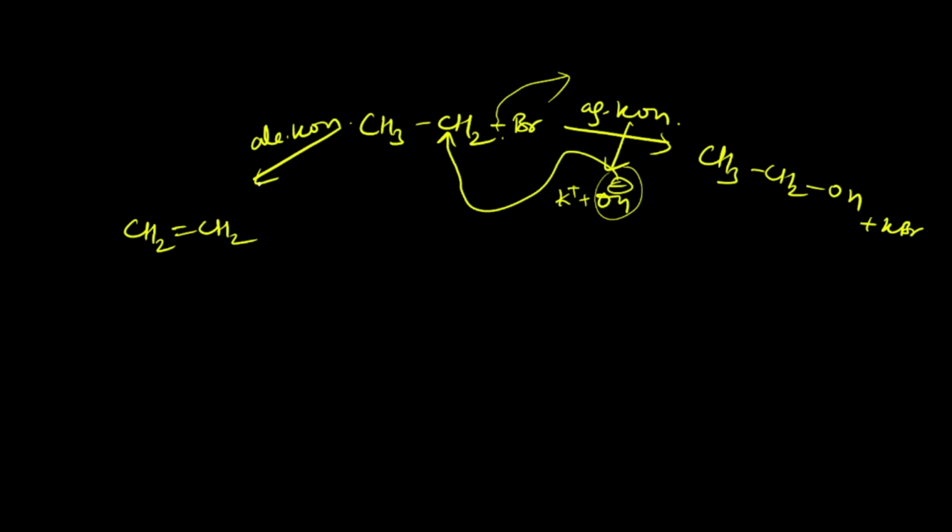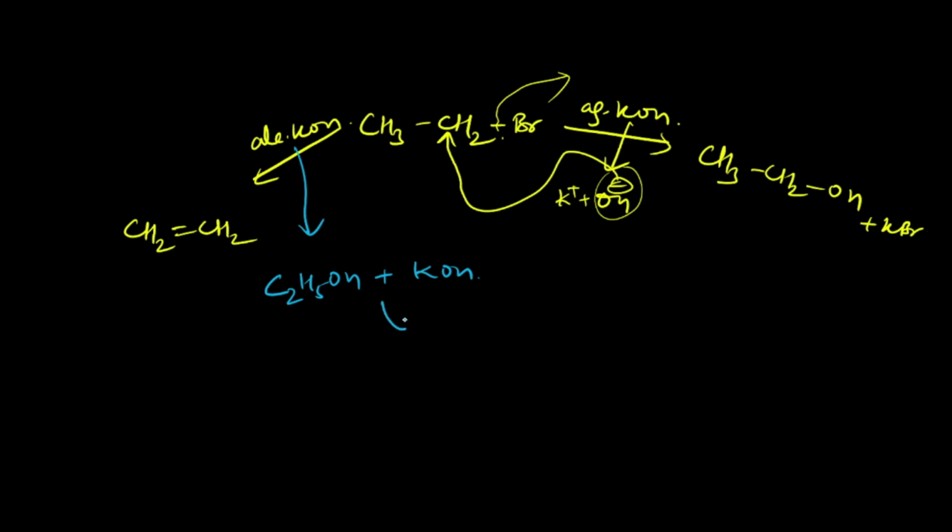But in this case, what is happening? Let me change the color. In alcoholic KOH, the alcohol is C2H5OH, plus we have KOH, dissolved with a little bit of water, so again K plus and OH minus.